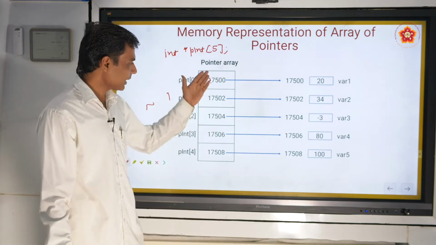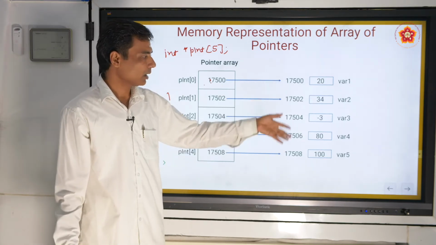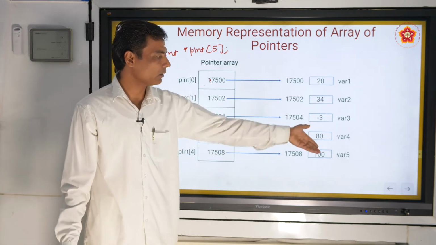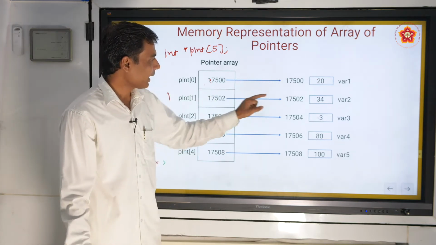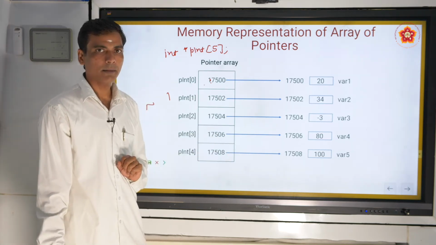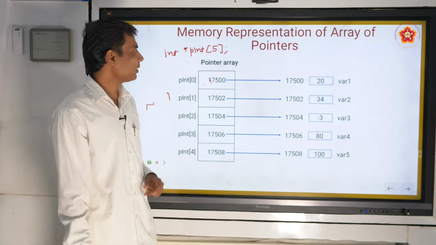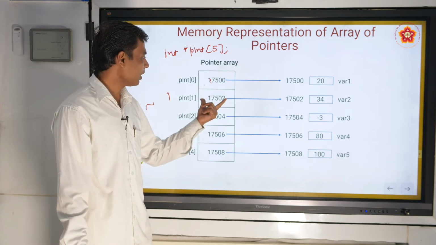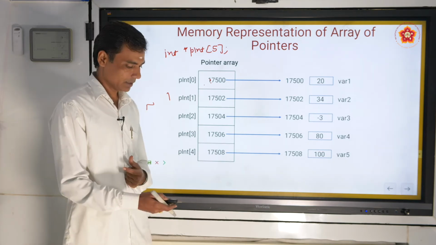So the contents of the pointer array are the addresses of the isolated variables var1 to var5, and by using these we are accessing these memory locations. Then a question may be in your mind, what about the addresses of these locations? Isn't it? Let's see that.